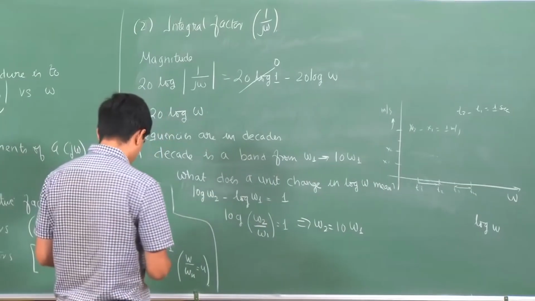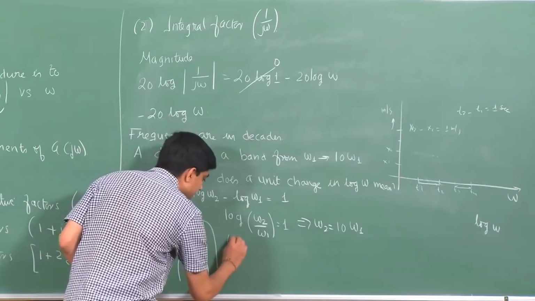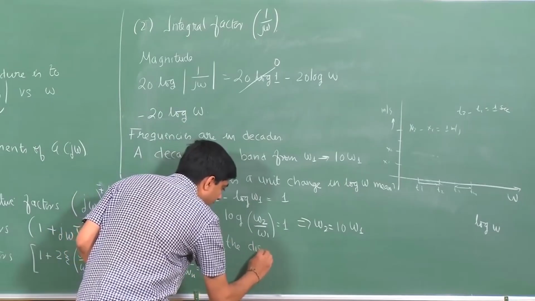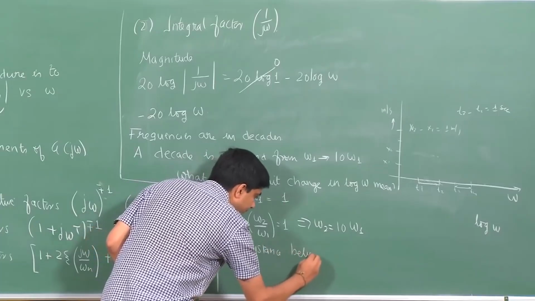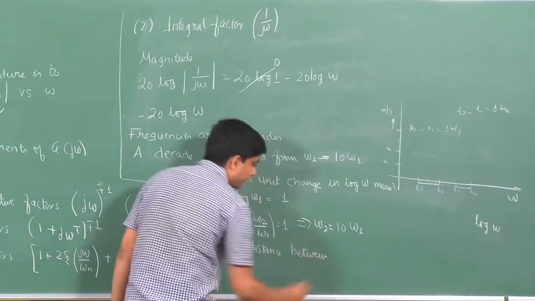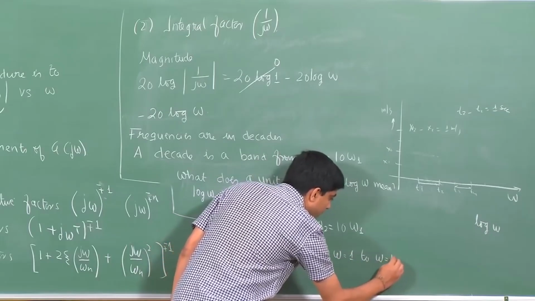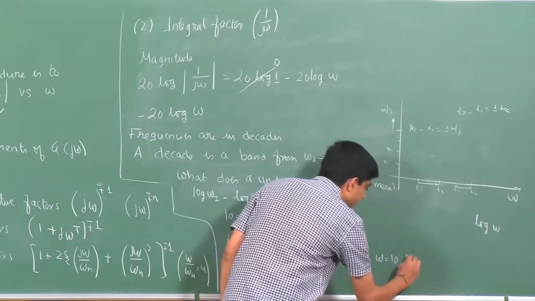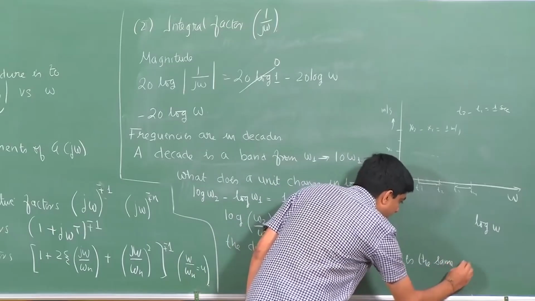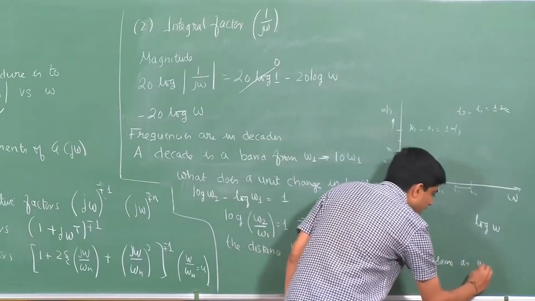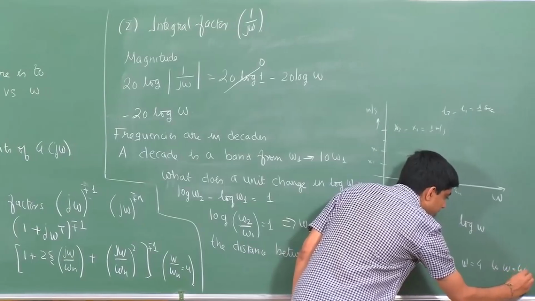So here the distance from omega equal to 1 to omega equal to 10 is the same as from say omega equal to 4 to omega equal to 40.